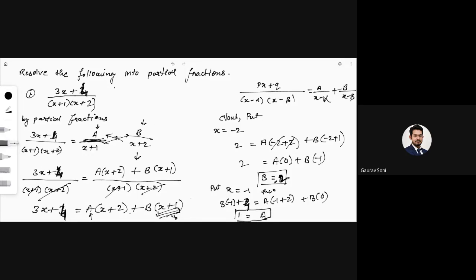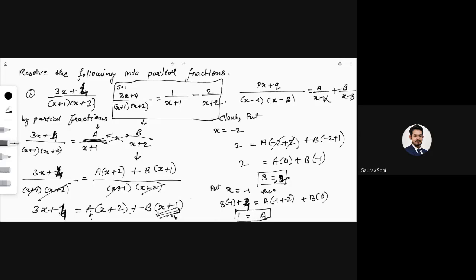So I'll make a square here and write down our final result. 3x plus 4 upon x plus 1 into x plus 2 will be equal to 1 upon, what is the denominator for a? x plus 1, minus 2 upon x plus 2.